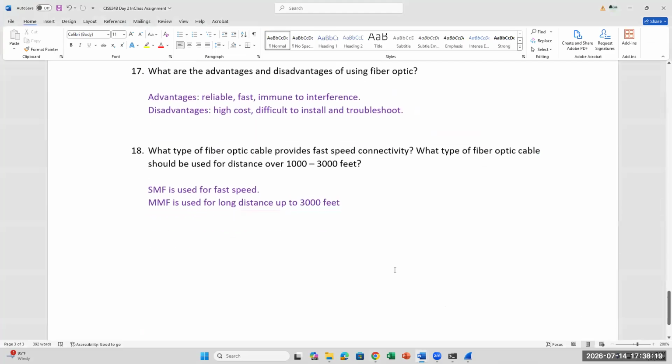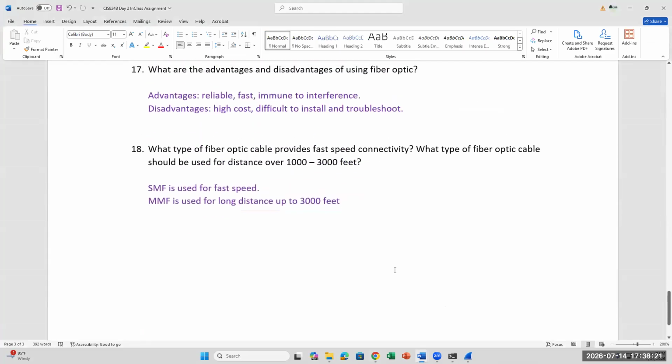Okay, so for 18, we talked about single mode fiber is for fast speed, and multi-mode fiber is used for shorter distance, up to 3,000 feet. So the island that you are going to own when you win the lotto, and you can invite me there, that will be your multi-mode.